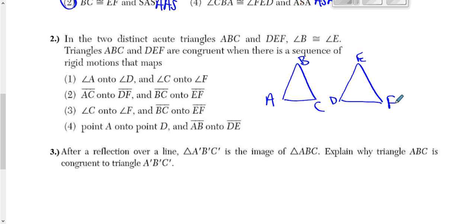And then they're telling us that angle B is congruent to angle E. So that'll be the case no matter which choice we're looking at. So we'll mark those angles congruent. Remember, you could start marking each of these choices lightly with pencil on diagrams, see if it fits or doesn't fit, before you want to take a stab at it.